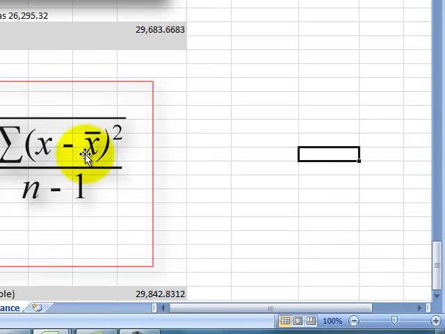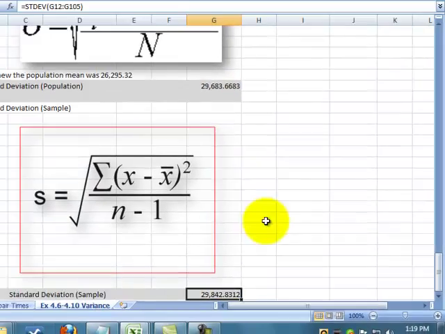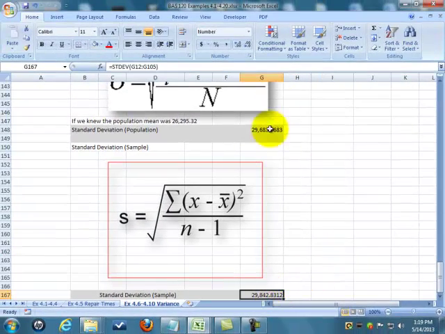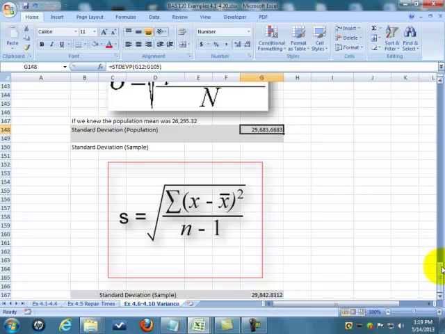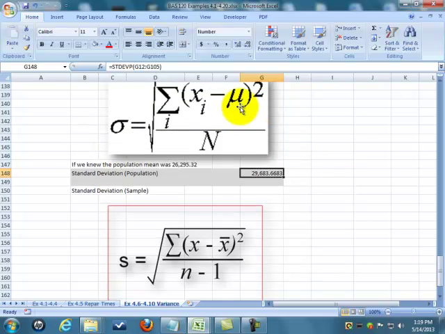In this case, we only know a sample, so we use STDEV.S. And I think in older versions they might have put the S, but in this version it's STDEV.S. You get about the same number. Notice you get a little bit larger standard deviation when you don't know the population mean. And that makes sense to me because, since I don't know what the population mean is, I'm going to assume a close approximation of that is my sample mean.